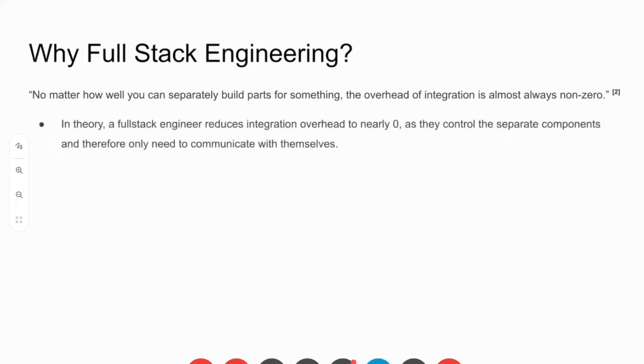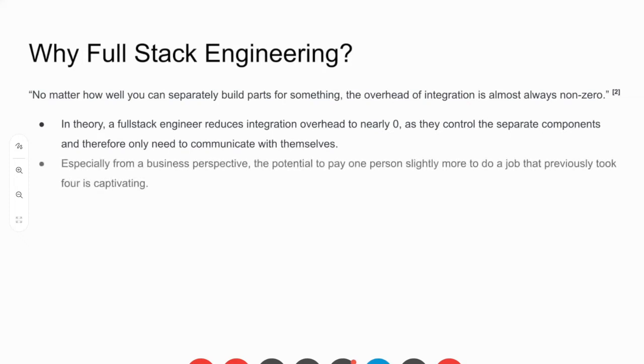So that is why full stack engineering is really in demand right now. The reason is, if there's a single person taking care of both the aspects, there's really very little that can go wrong. But you would see eventually in the upcoming slides that yes, there are a lot of risks that a full stack engineer needs to take, but we'll come to that in a minute.